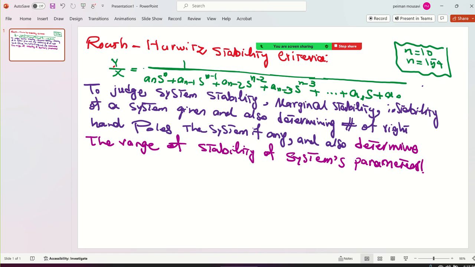So it's a stability and instability tool that helps us also to design controllers after midterm, after the spring break.